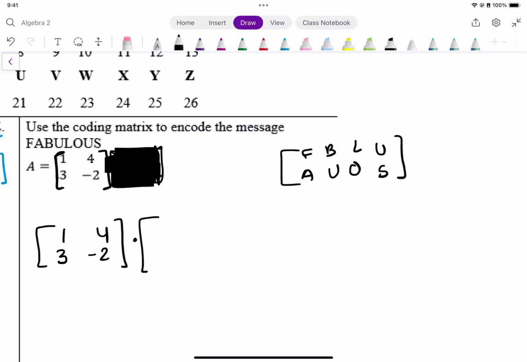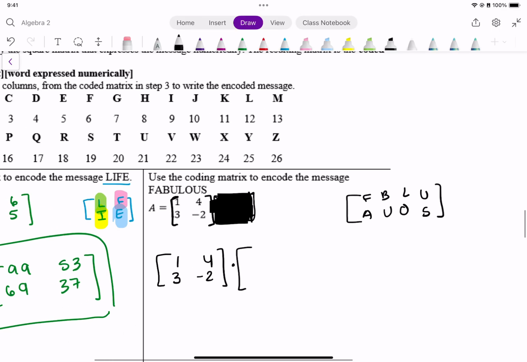Now let's multiply, solve for the word. The first letter that we want is F. F is going to be 6. Then we have A. Well, A is 1. B is 2. U is 21. L is 12.